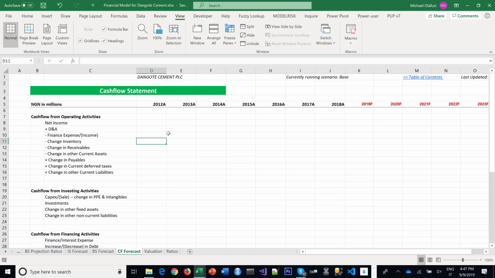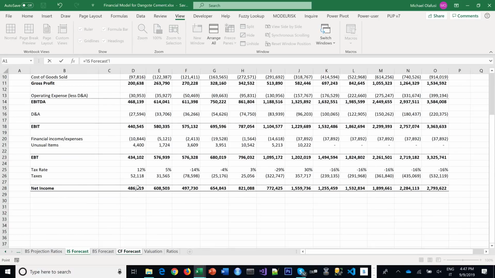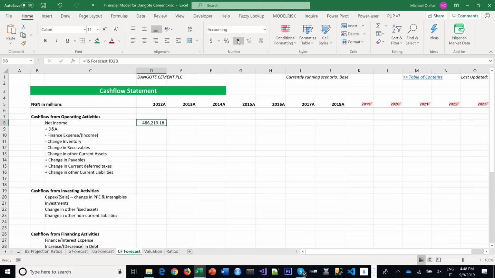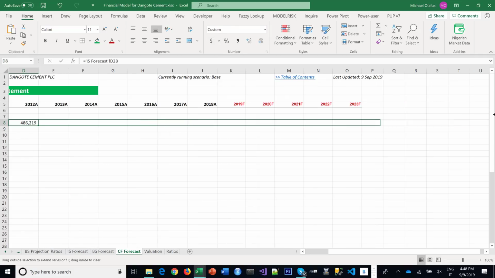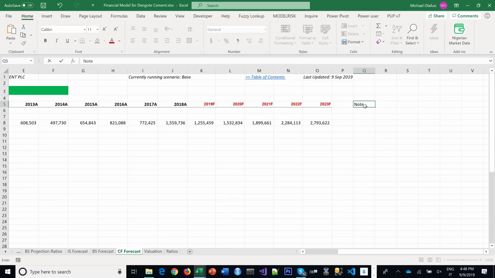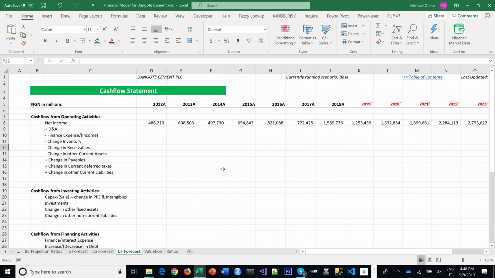Yeah, this is good. Alright, so I go bring in the income statement. From the income statement, the net income. And as usual, put the comma style. I drag all the way into the future. I forgot to include notes here. So notes, okay. And then I add back the D&A.